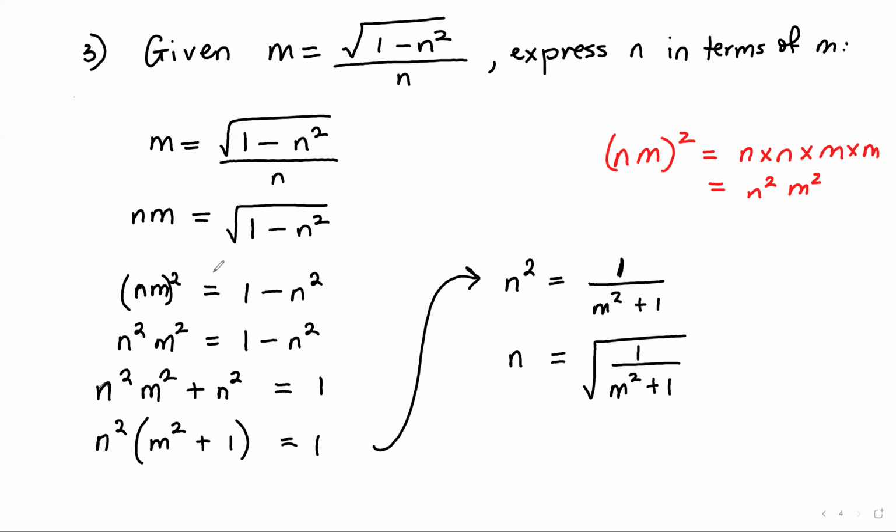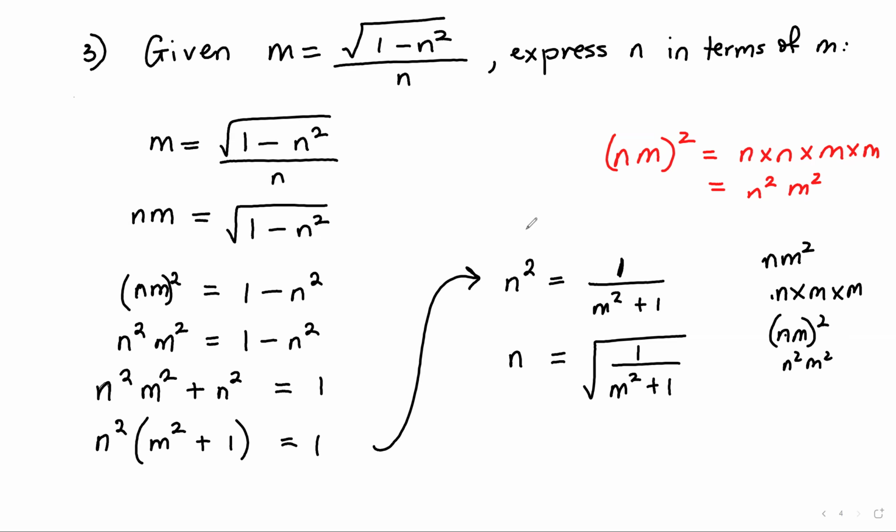So you'll end up with nm all squared. But you have to be careful that nm all squared is not the same as nm squared. Nm squared literally means n times m squared. But nm all squared would be n squared times m squared, right?